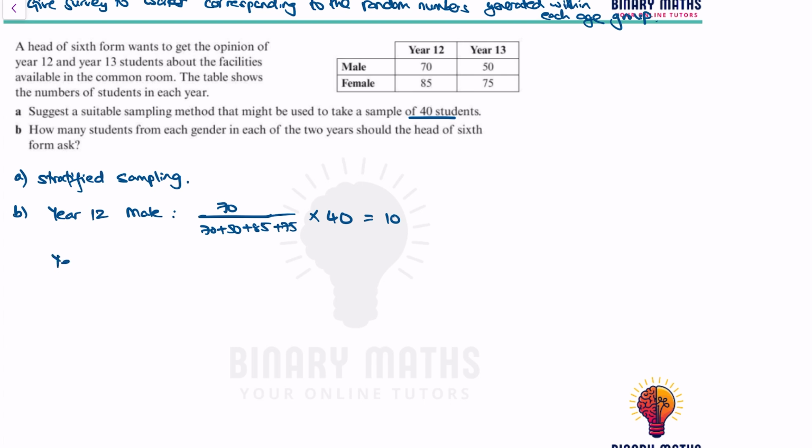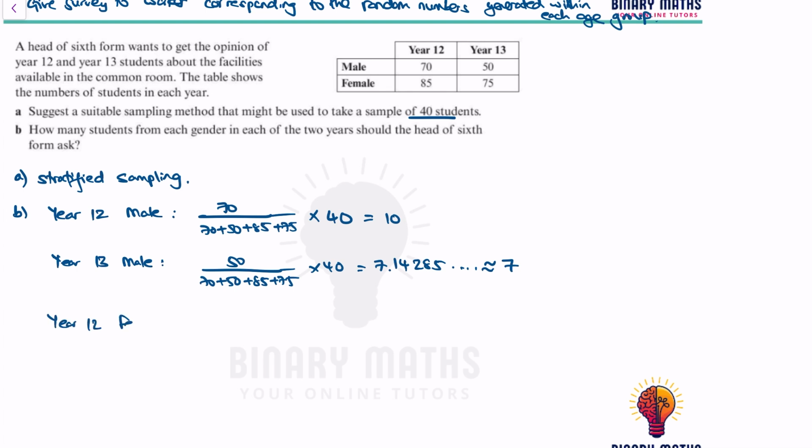Okay, so Year 13 male now will be 50 over 70 plus 50 plus 85 plus 75 times by 40, which is equal to 7.14285 blah blah blah, which is rounded down to 7.